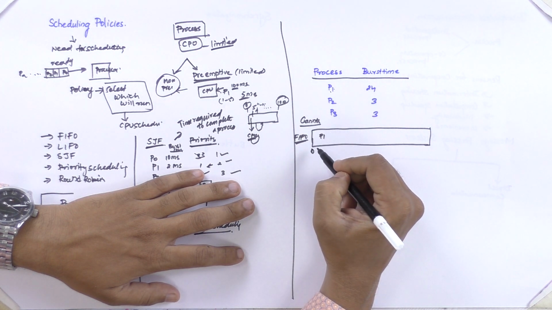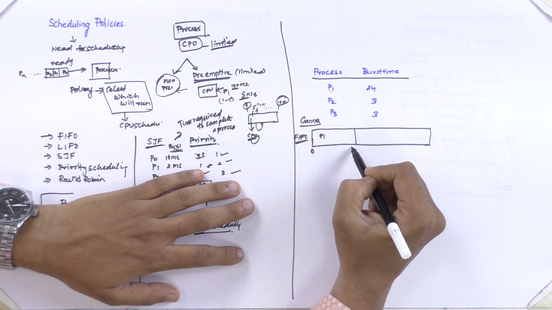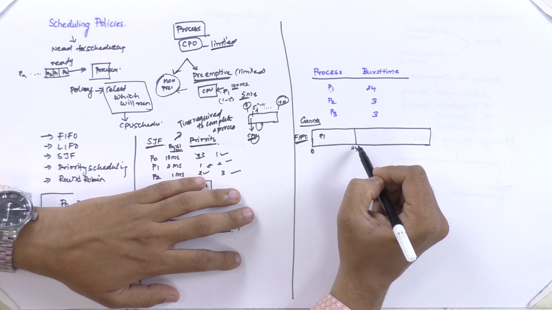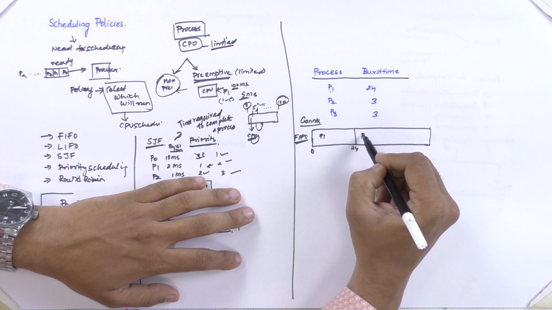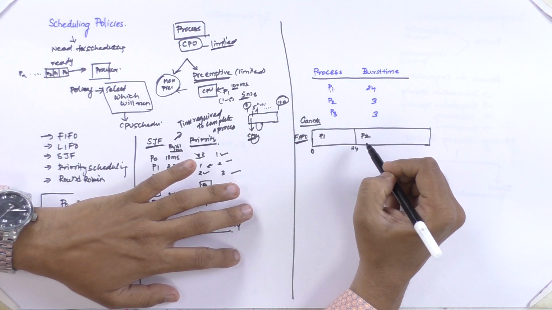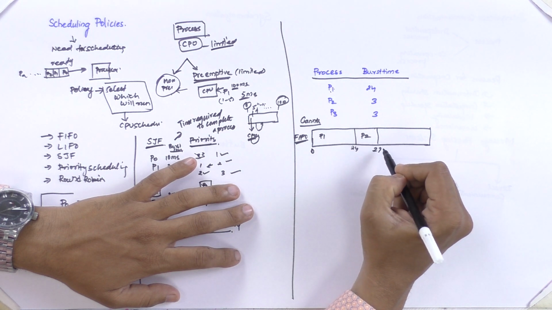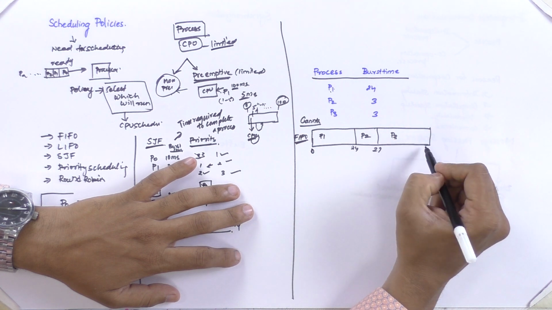It arrives at time 0 and requires 24 units to complete. So P1 completes at 24, then P2 requires 3, so 25, 26, 27. It completes at 27, and P3 takes 28, 29 and 30.